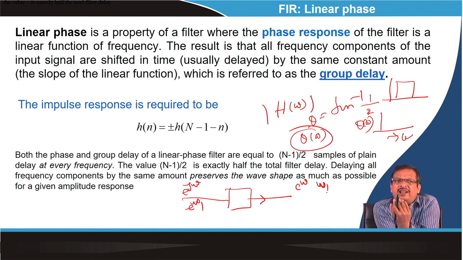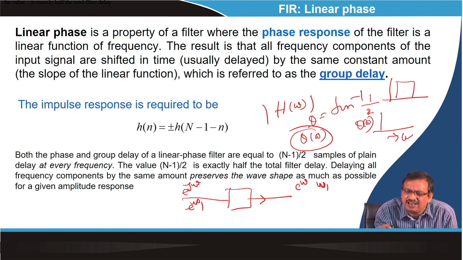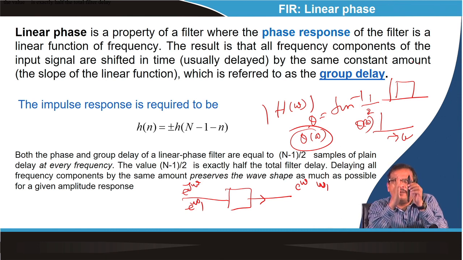They may come completely out of phase or completely in phase, I do not know. So the result is that the frequency components of the input signal are shifted in time by the same constant amount.